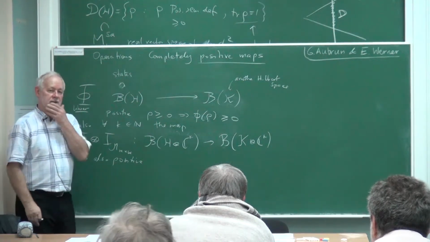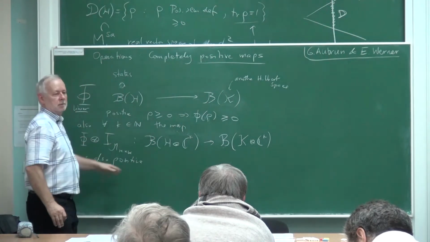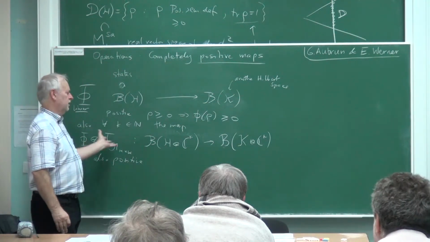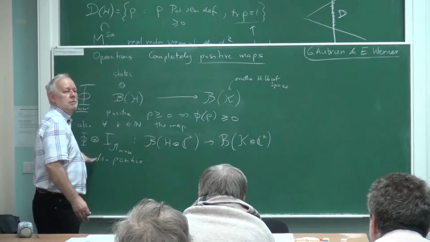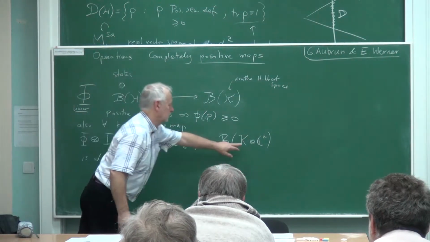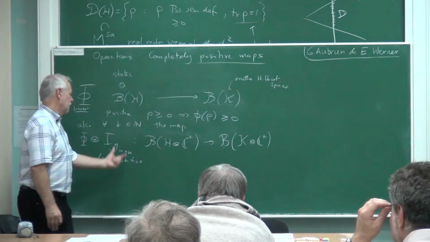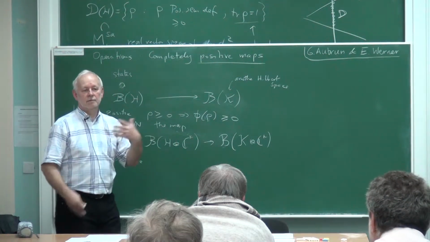Mathematically this makes sense, though if you haven't worked with it, it's totally incomprehensible. This is just the usual tensor product of vector spaces.